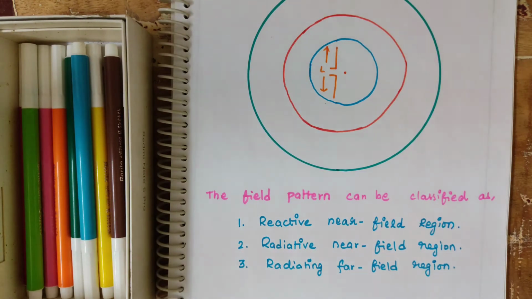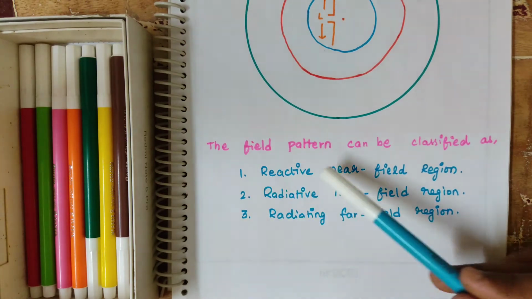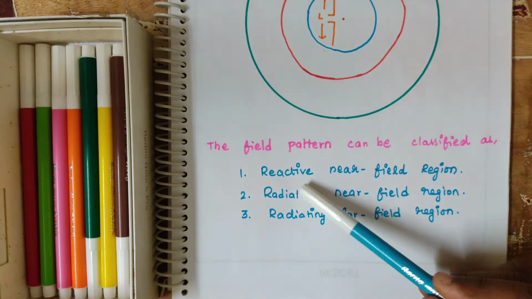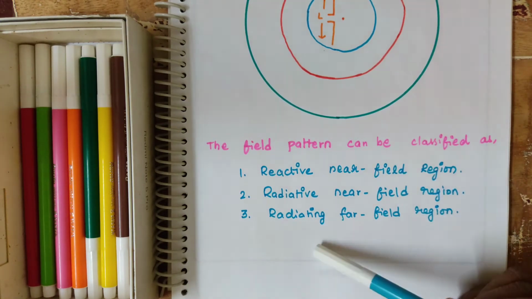The distribution of near and far field region can be well understood with the help of a diagram. Here, the field pattern can be classified as reactive near field region, radiative near field region, and radiating far field region.